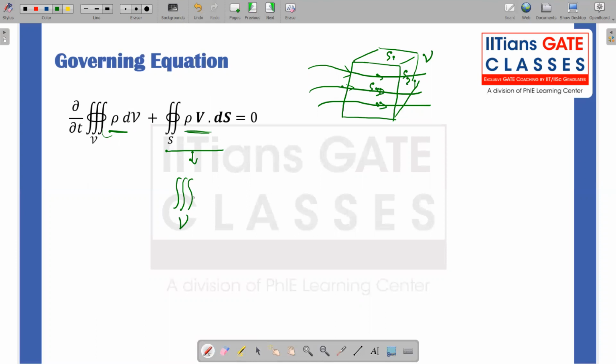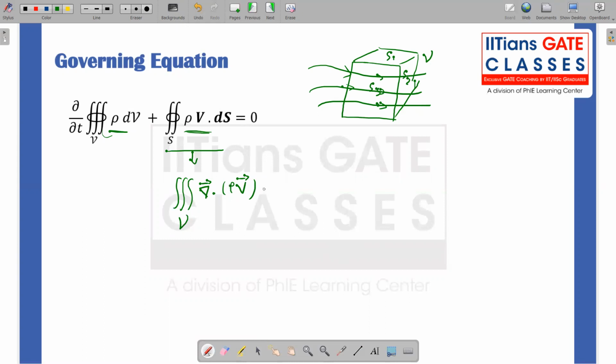So no need to show that it's a contour. Now from the Gauss divergence theorem, I can write the divergence of rho v. This dS is a vector, the vector representative of an area. It basically denotes in which direction the area is facing.